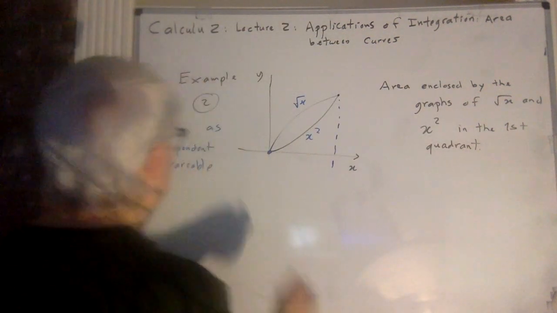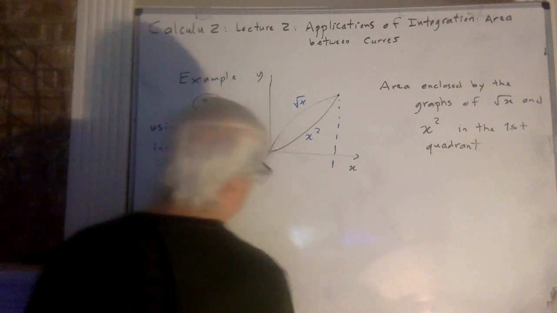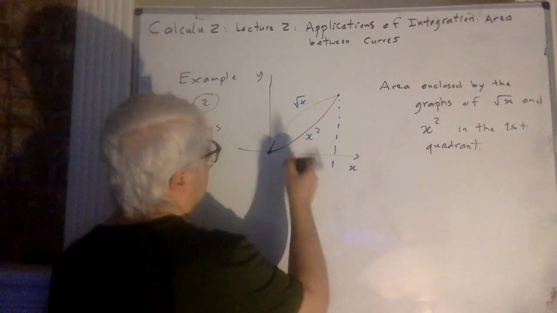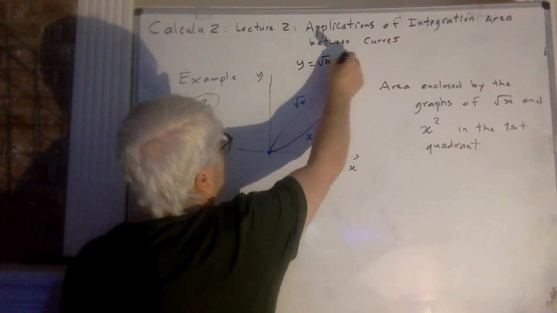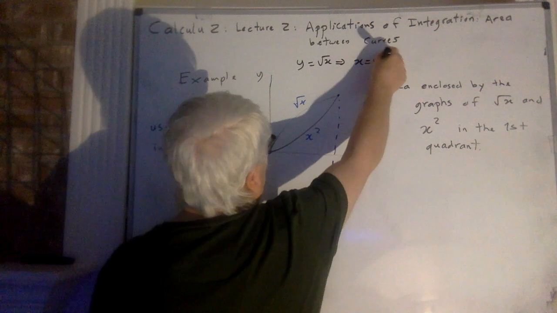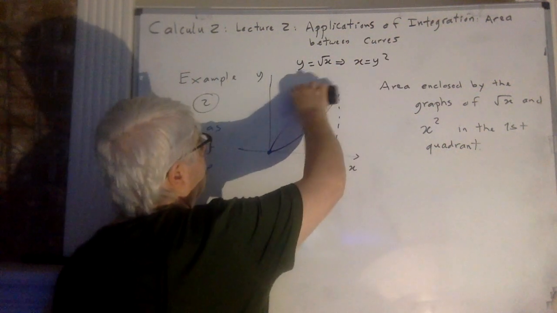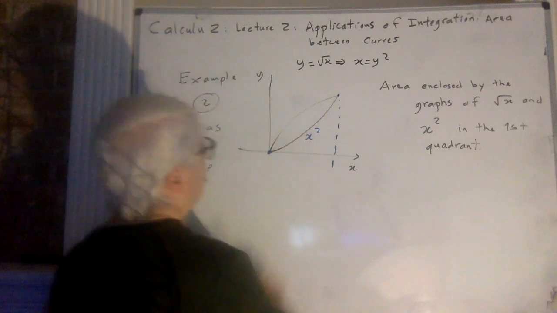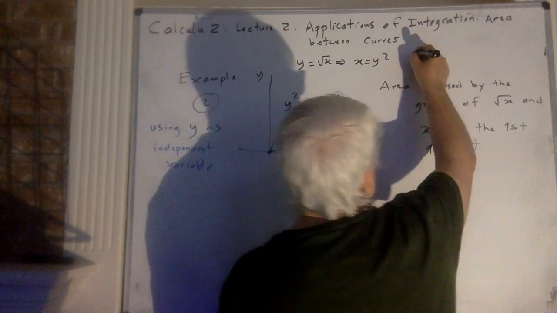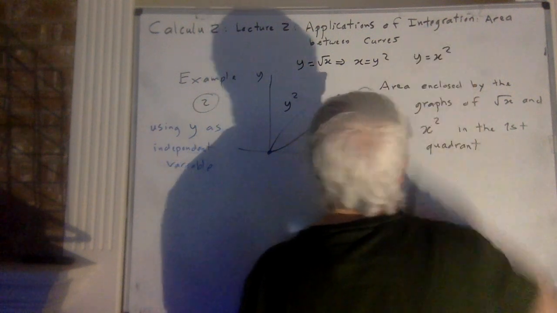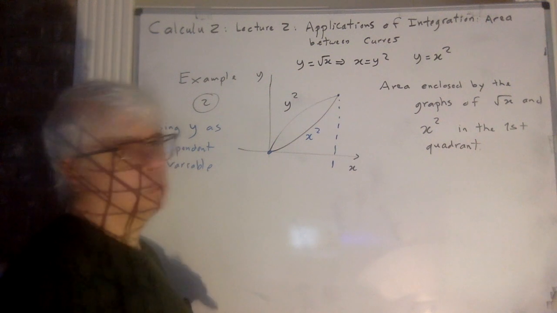Now, using y as independent variable, I have to solve for x in terms of y. So y equals square root of x gives me x equals y squared. So this top one is y squared. Now this one, if I write y equals x squared, you might say, okay, x squared is not 1 to 1.